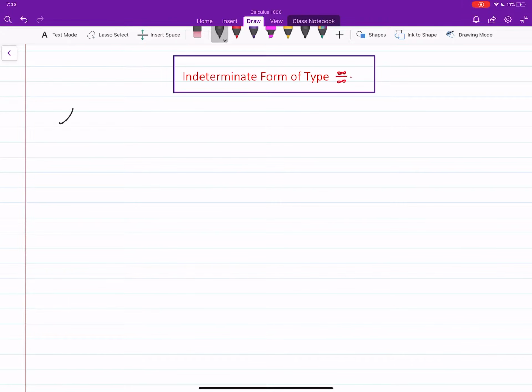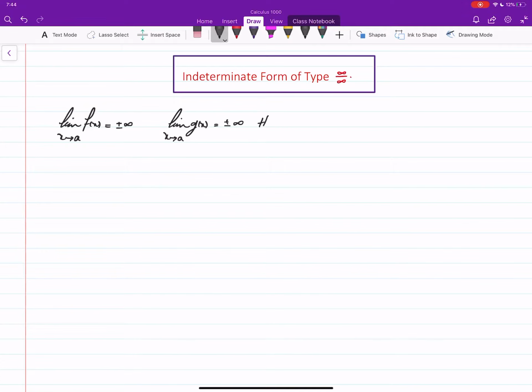Well, we have two functions, f and g. Their limits as x approaches a is equal to either plus or minus infinity. It can be any combination, plus in numerator, plus for f, minus for g, and so on.